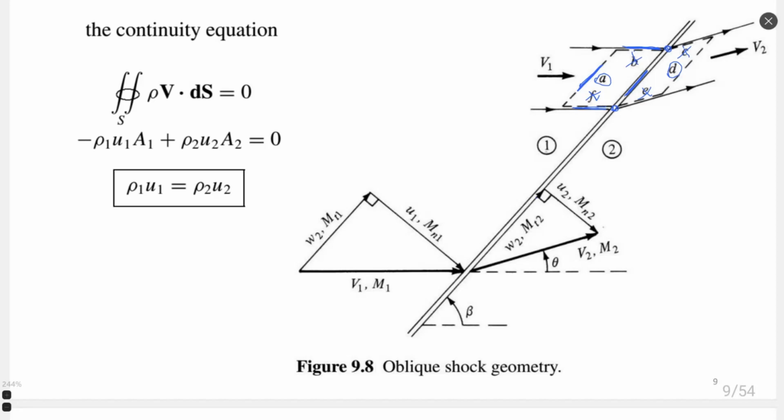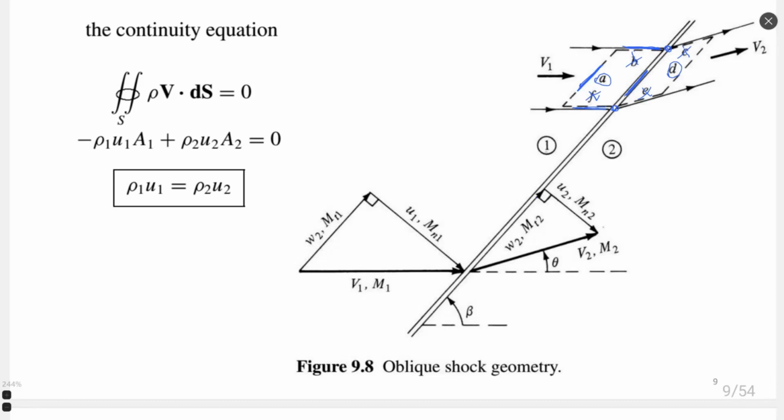We will just see flow through edge A and edge D, and of course the transition between one part of the volume and the second part, the transition through the shock wave.